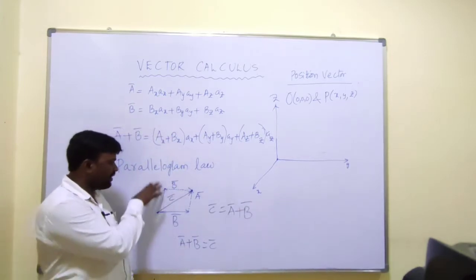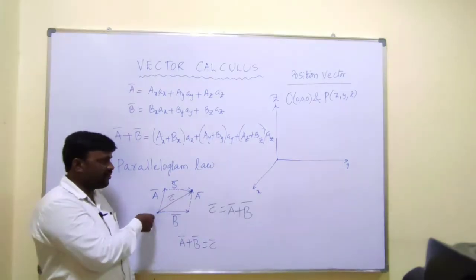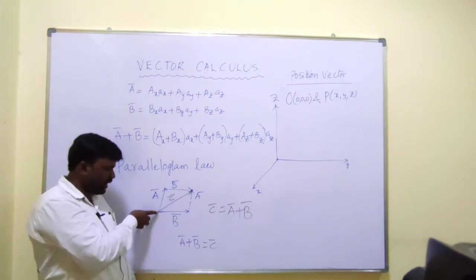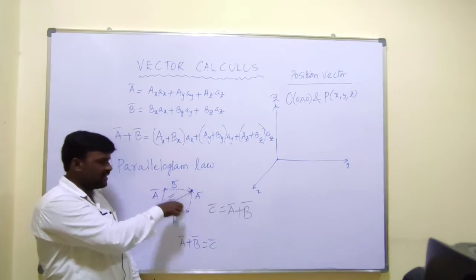If you have vectors A bar and B bar like this, then the resultant vector is nothing but the diagonal of this parallelogram. We will get two diagonals, but we have to take it like this only. The remaining one is not considered the resultant.